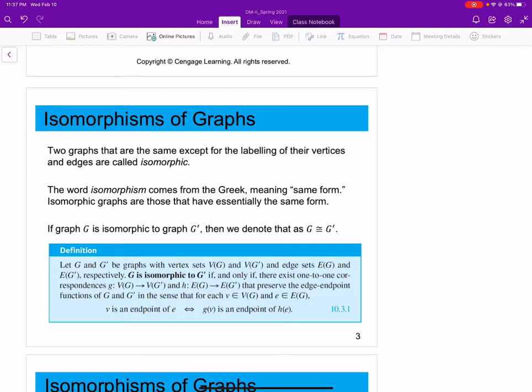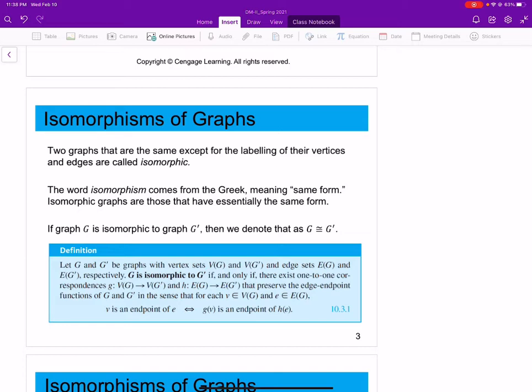The reason that we learn this section is, let's say you are given a graph with a specific labeling of vertices and edges, and then you can just relabel the same graph in a different format and relabel the edges in a different format.